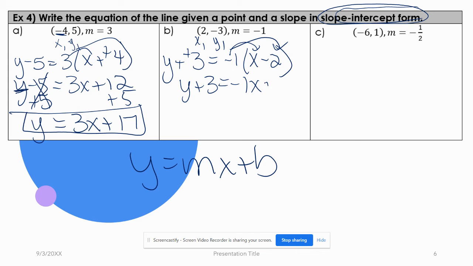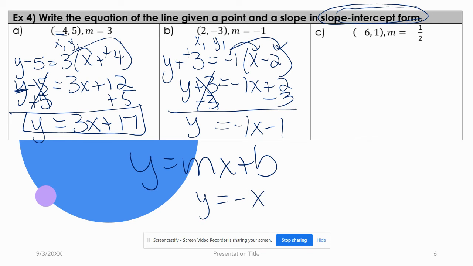Negative 1 times negative 2 is positive 2. Finish getting y by itself, subtract 3 to the other side. We have y that adds to 0 is equal to negative 1x minus 1. And remember, you can have the negative 1 or you can write y equals negative x minus 1. Either one of these is the same thing.